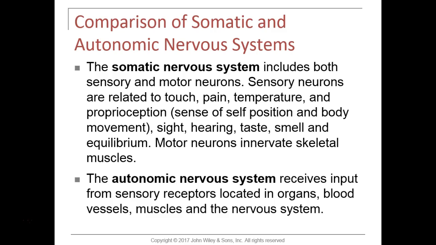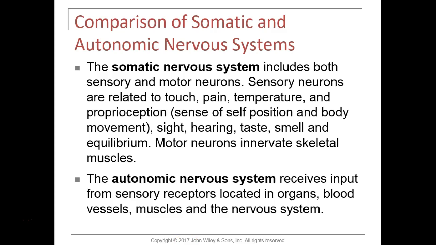The autonomic nervous system receives sensory information from the organs in the body or any effector that we can't control consciously. Like the smooth muscle around blood vessels, around your stomach, around your intestine.